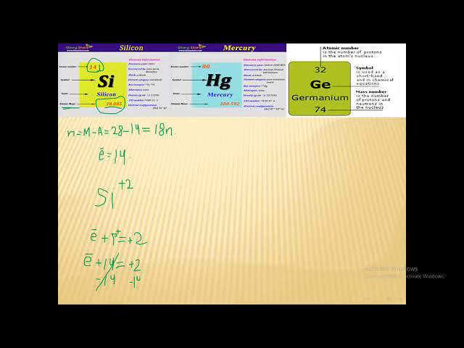So in the result, the number of electrons is 12. So we have just 12 electrons and 14 protons. So we decreased the number of electrons by 2. So we removed 2 electrons from the atom.